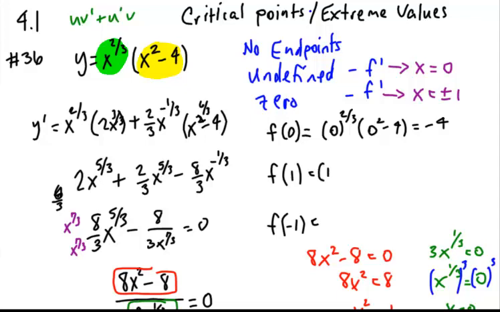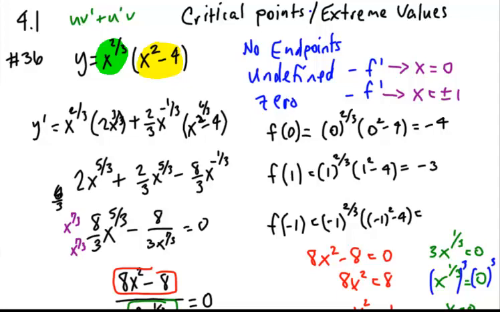Then I've got 1 to the 2/3 times 1 squared minus 4. And that's going to be 1 times negative 3. So negative 3. And then the last guy is negative 1 to the 2/3 times negative 1 squared minus 4.